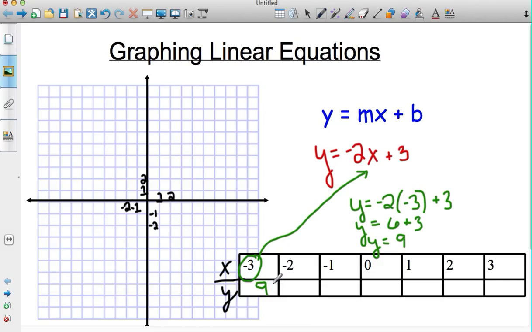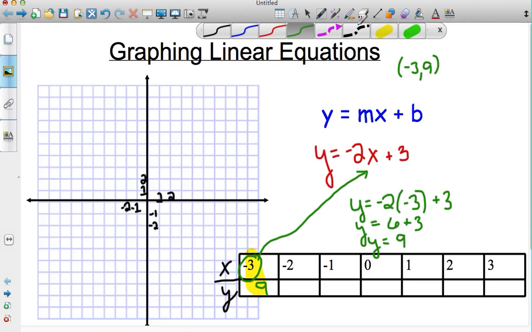The purpose of this table is we're trying to find some coordinate points that we can start to graph here. For example, my first 2 points, and I'm going to highlight them right here, if I rewrite that as a coordinate point, that's going to look like negative 3, comma, 9.